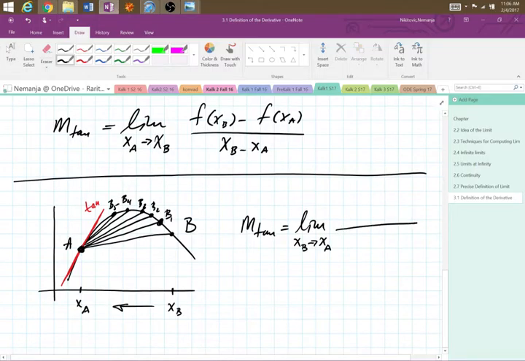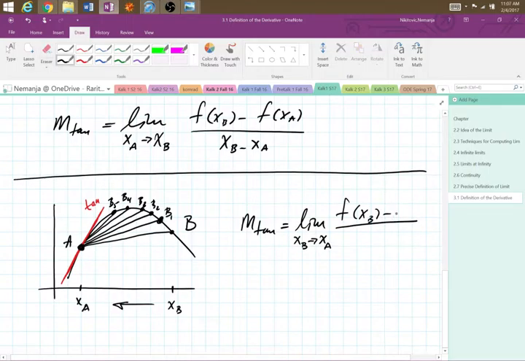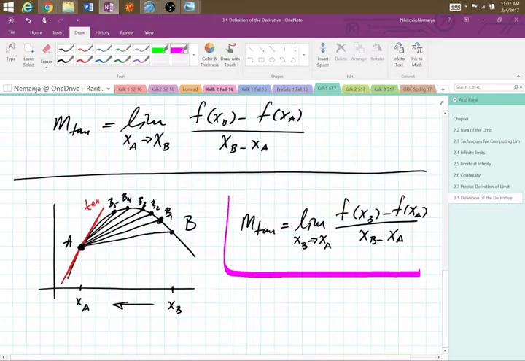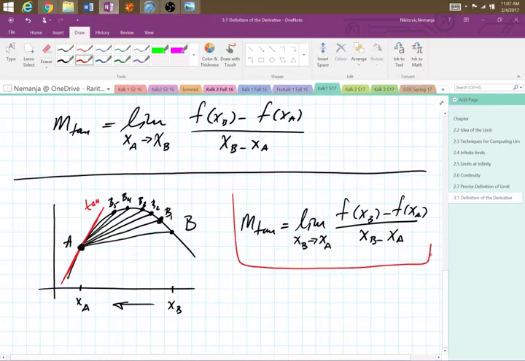And then I will have f of xb minus f of xa over xb minus xa. I'm going to box this as the formula. So now we can see this working. You pick any b value, it's going to be b minus a over b minus a.